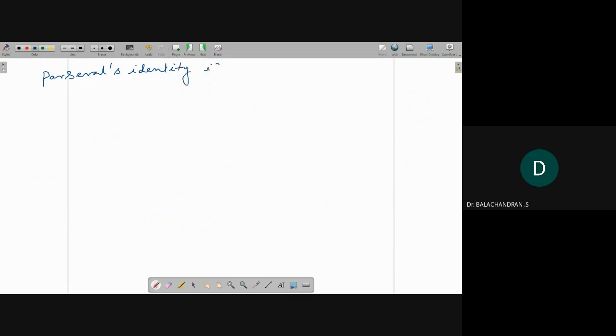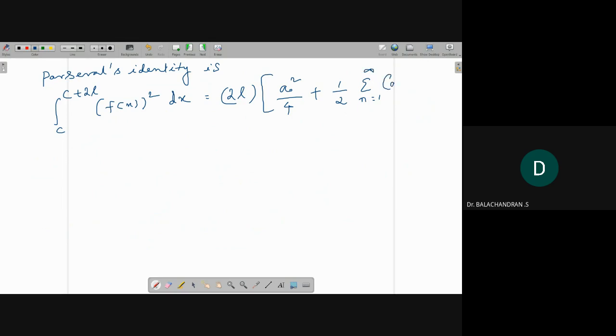The identity is integration from c to c plus 2l of f of x whole square dx is equal to 2l into a naught square by 4 plus half the summation n equal to 1 to infinity of an square plus bn square.